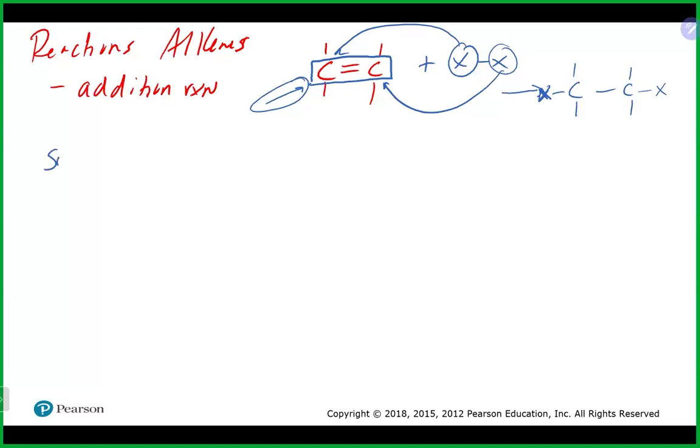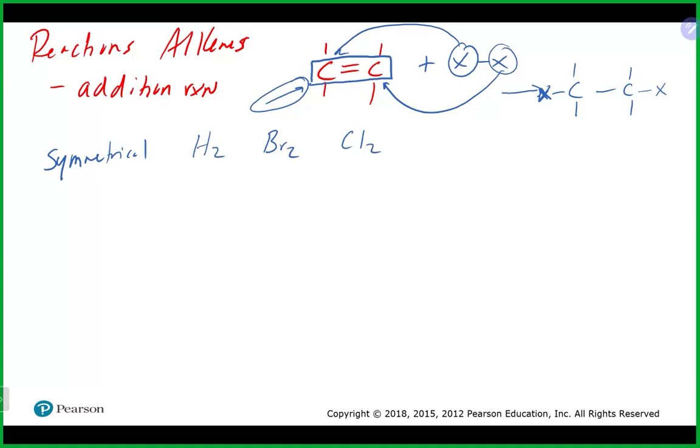There are symmetrical additions. In symmetrical additions, you're adding the same thing, which means, frankly, you can't really mess it up. You might be adding H2, or two hydrogens, which is a hydrogenation reaction. Maybe you're adding two bromines, maybe two chlorines, or whatever it may be.